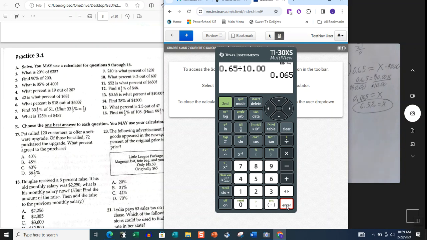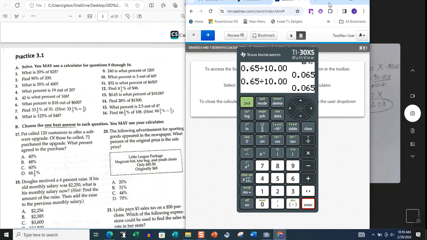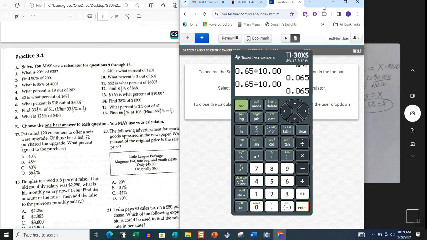Now, our last problem that I want to do from 9 through 16 is 16. Okay, so I'm going to need to move this over just slightly. It says find 66 2/3% of 108. So the word find is x equals.